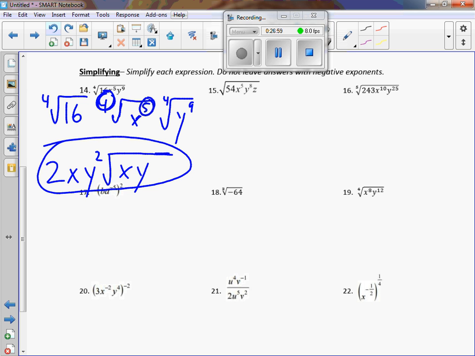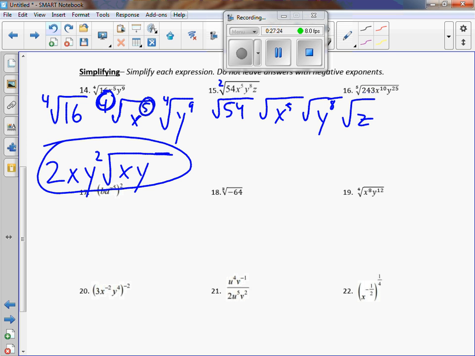Number 15, same idea. First thing we're going to do is separate it. Now we know from previous problems that if there's no root number out here, it's 2. That means square root. When we take the square root of 54, that's not possible.